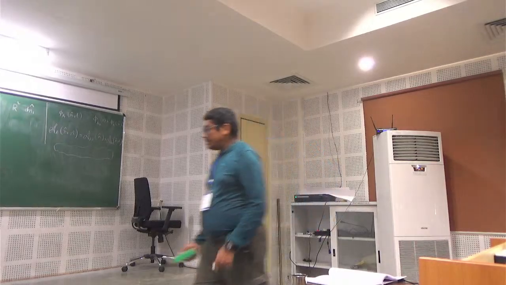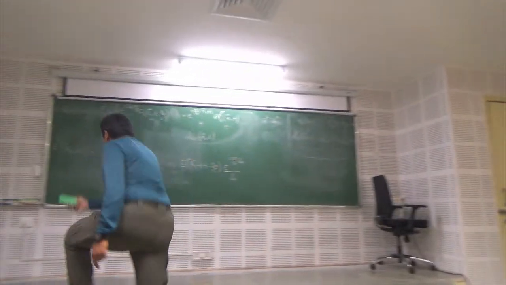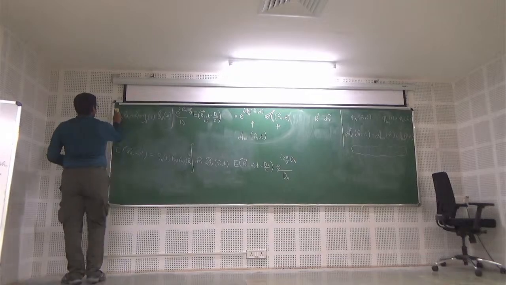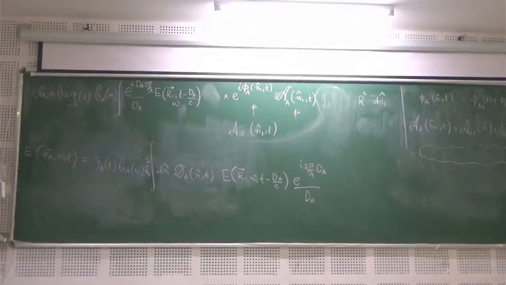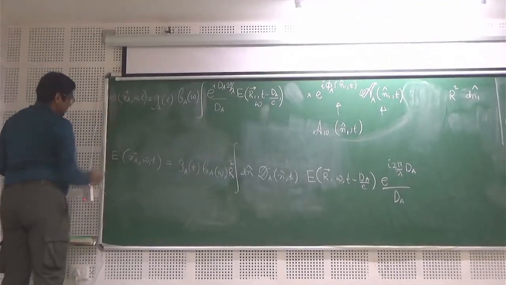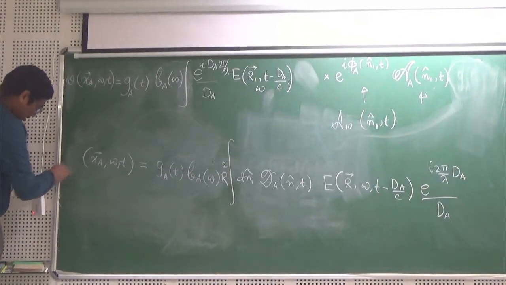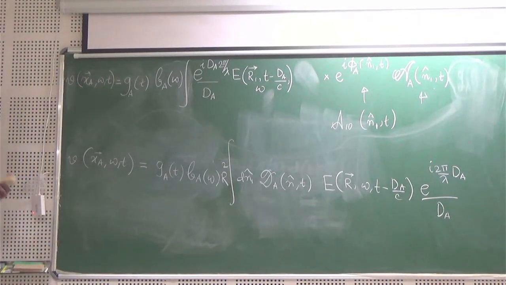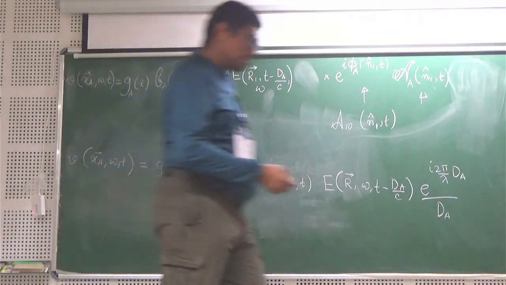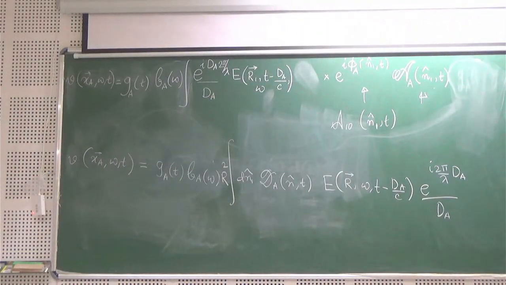Okay. So one thing I forgot is that remember I have multiplied by the gain. So this really is the voltage. That's the voltage. Once I multiply by the gain, it's the voltage that is recorded.